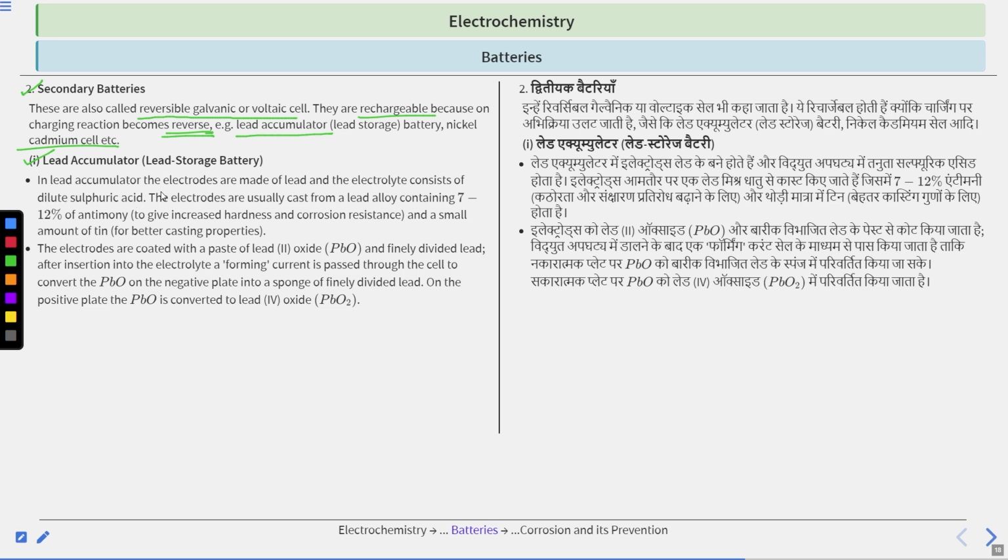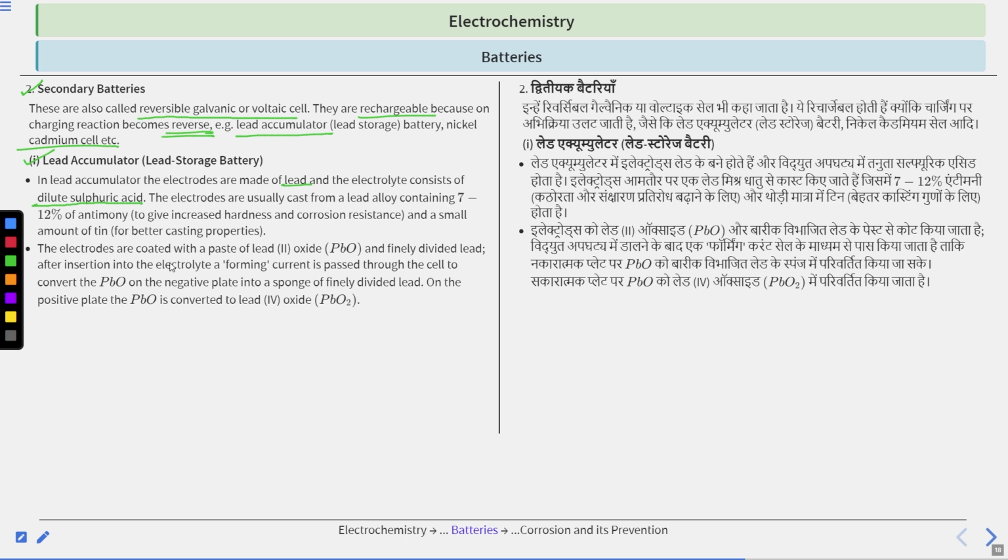In lead accumulator, the electrodes are made of lead and the electrolyte consists of dilute sulfuric acid. The electrodes are usually cast from a lead alloy containing 7 to 12% of antimony. Why? To give increased hardness and corrosion resistance, and a small amount of tin for better casting properties.